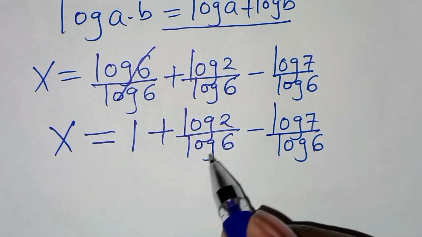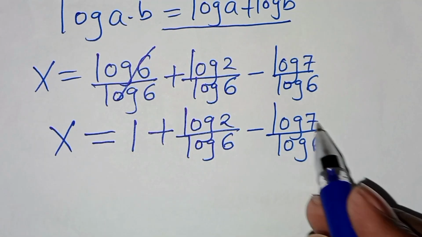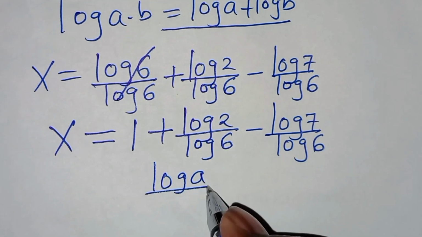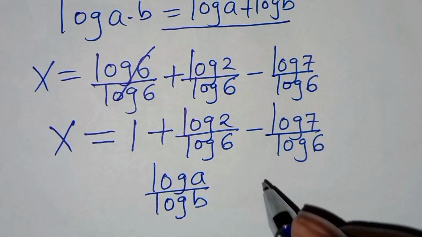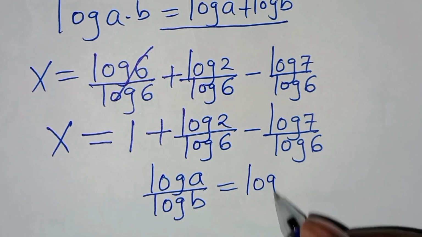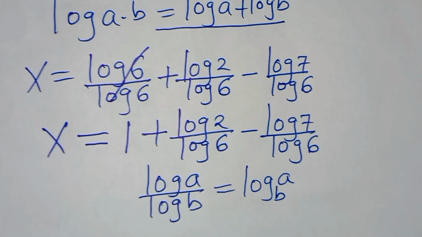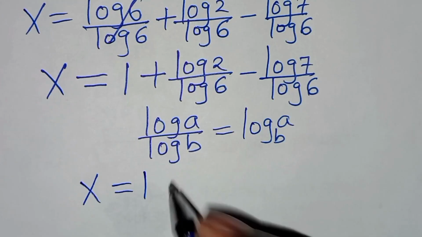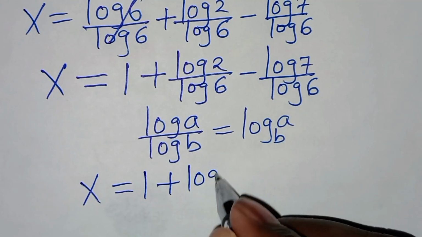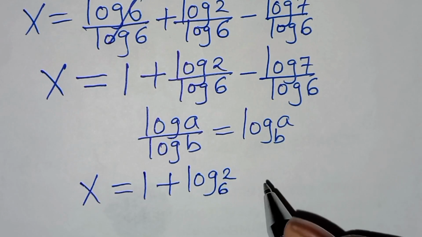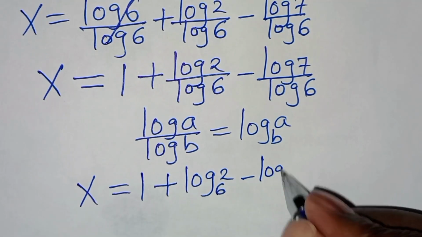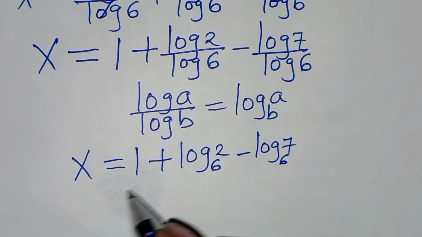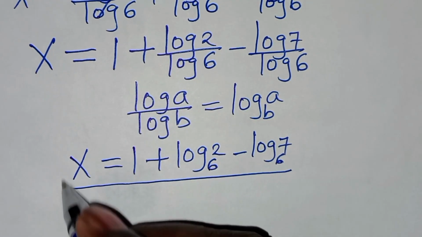So log 2 over log 6 and log 7 over log 6, this is in the form of log a divided by log b, which we can express as log a to base b. Applying this property, then we have x is equal to 1 plus log 2 to base 6, subtract log 7 to base 6. So this is the value of x.